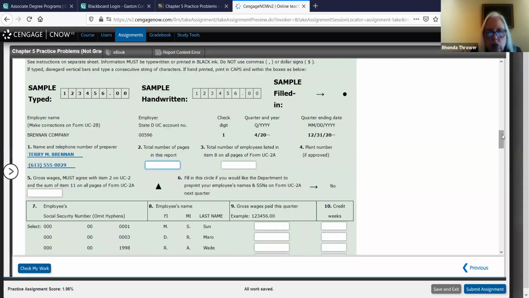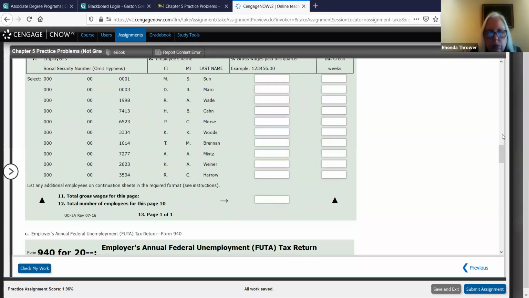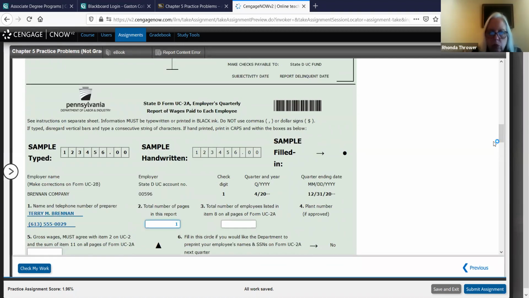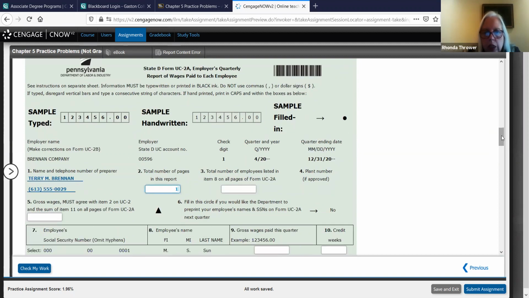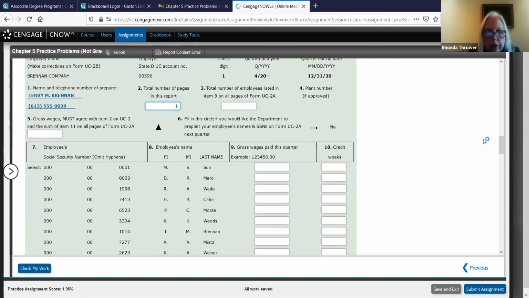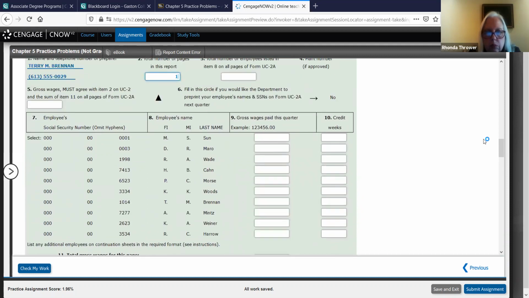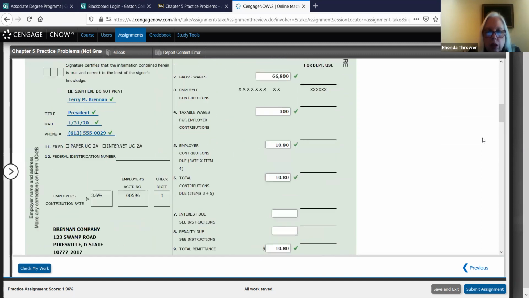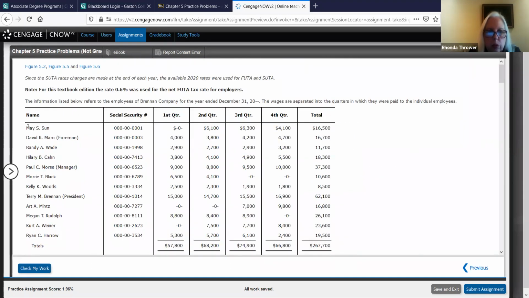Page 101, it says down at the bottom. So I'm going to just put 1 there because I'm thinking that's what they want. The total number of employees listed in item 8 on all pages. And you're going to count the number of employees: 1, 2, 3, 4, 5, 6, 7, 8, 9, 10, 11, 12.